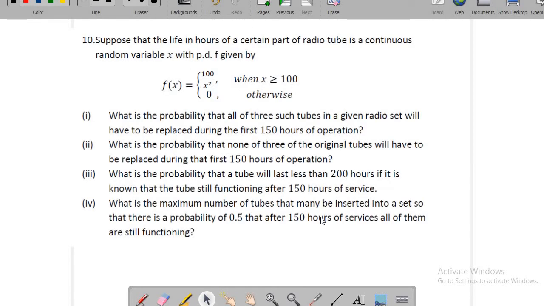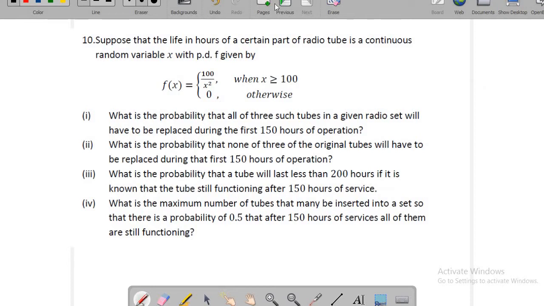Now here is a problem on continuous random variable. So we know that a discrete random variable is going to have a probability mass function, whereas a continuous random variable is going to have a probability density function. So here the probability density function is given and they are asking us to find these respective probabilities, right?